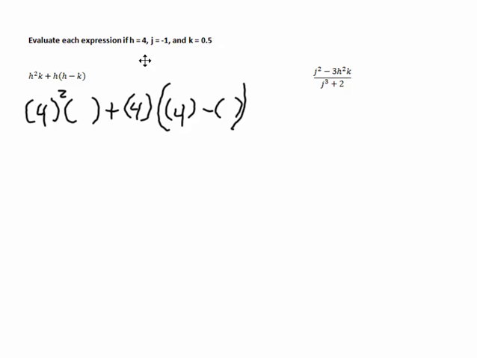And K is 0.5, so 0.5 goes here, and 0.5 goes here.